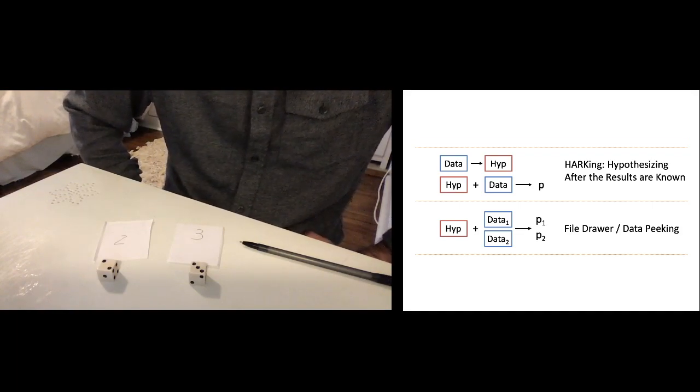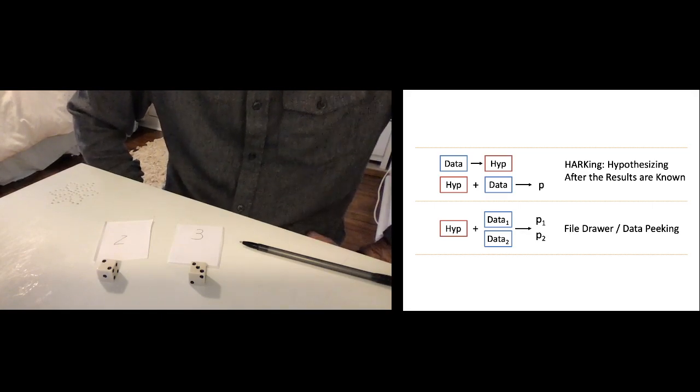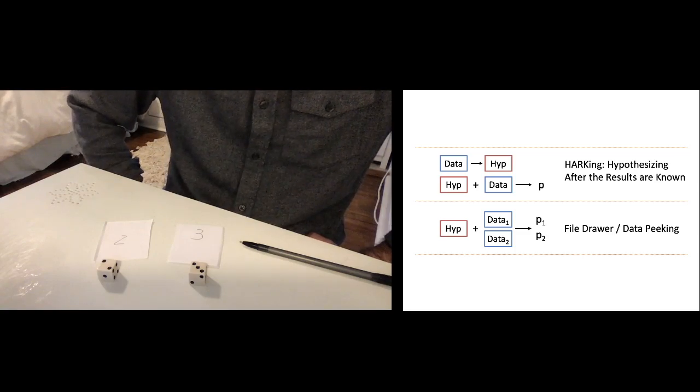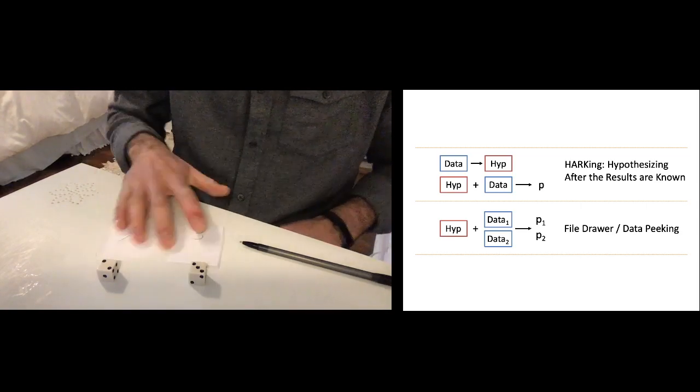And so this is called a file drawer problem, meaning that there's lots of data sets that we sort of put in the file drawer and didn't tell people. Or a data peeking problem is another version of this that we'll talk about, where we're monitoring our data set until it looks good and matches our hypothesis. Okay, so that also didn't work.